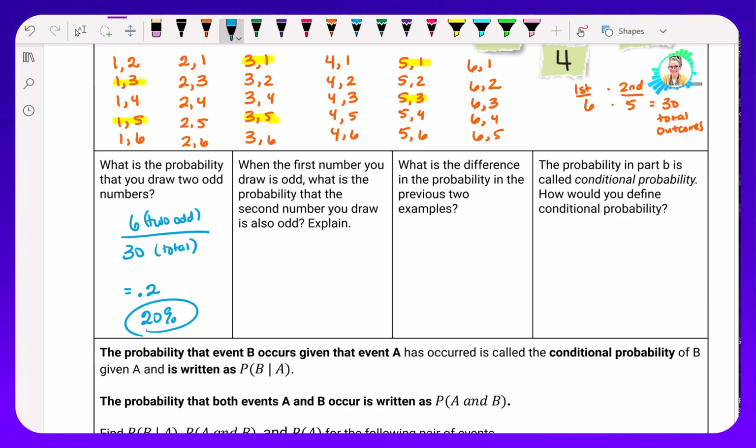So this next one is a little bit different. It says when the first number you draw is odd, what is the probability that the second number you draw is also odd? So this is similar to what we just did, but it is slightly different. So let me highlight this. When the first number you draw is odd. So what I'm going to do in blue is circle everything in the sample space with a first number that is odd.